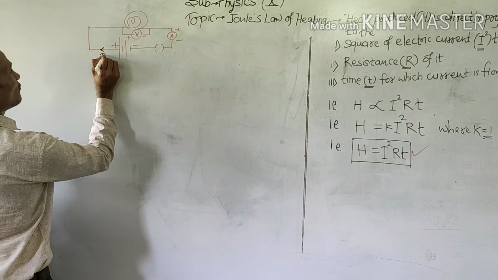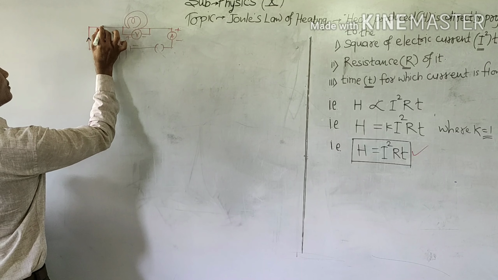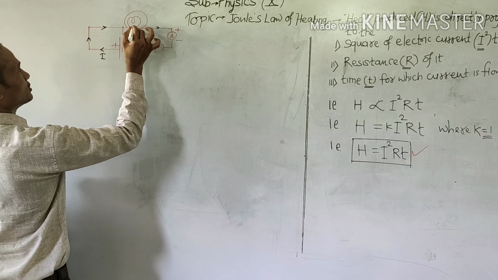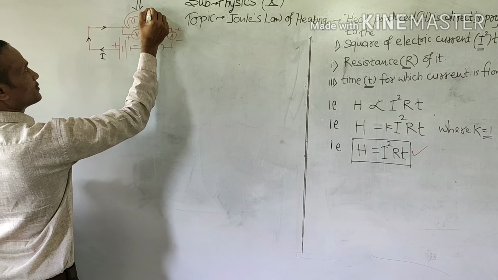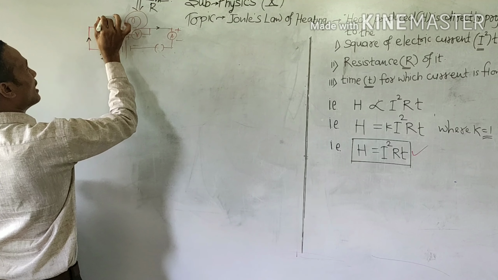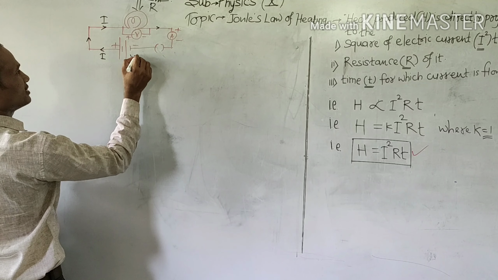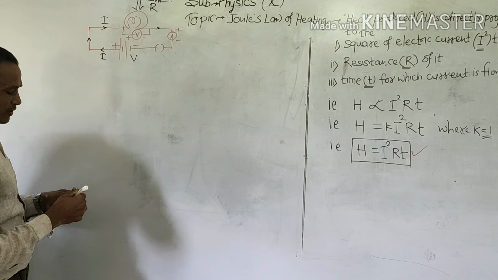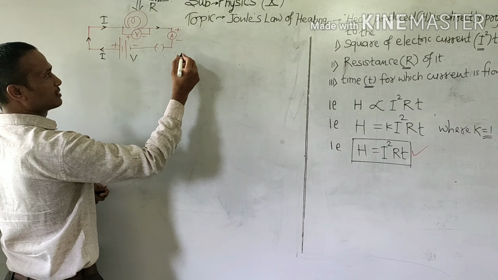Current will move from the positive terminal of the battery to the negative. Suppose R is the resistance of the bulb, I is the current flowing through it, and V is the voltage across it.